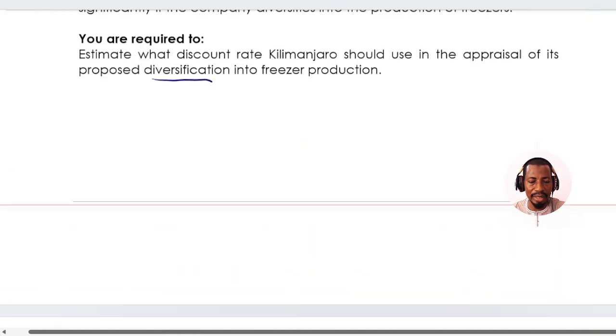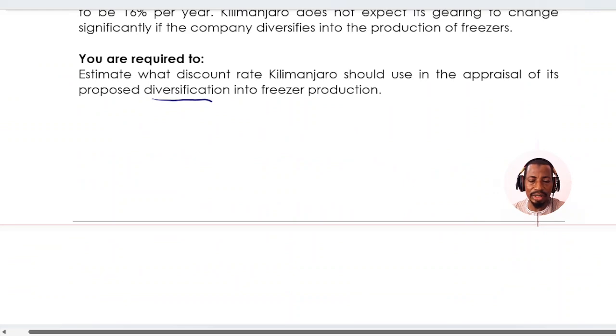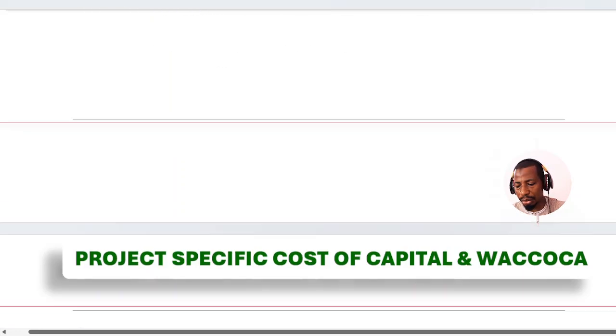Kilimanjaro. The examiner is asking you to estimate what discount rate Kilimanjaro should use in the appraisal of its proposed diversification into freezer production.